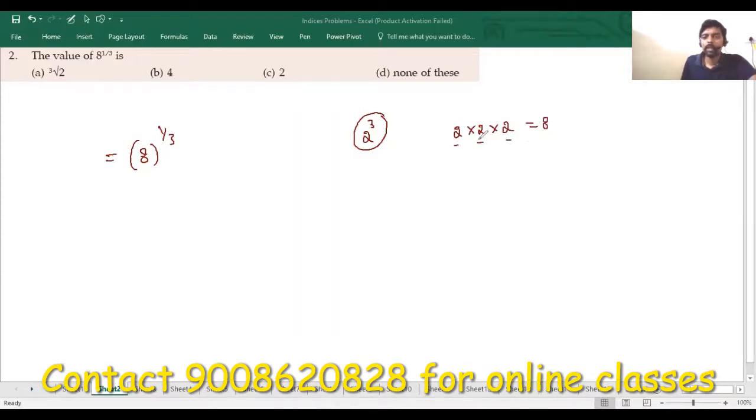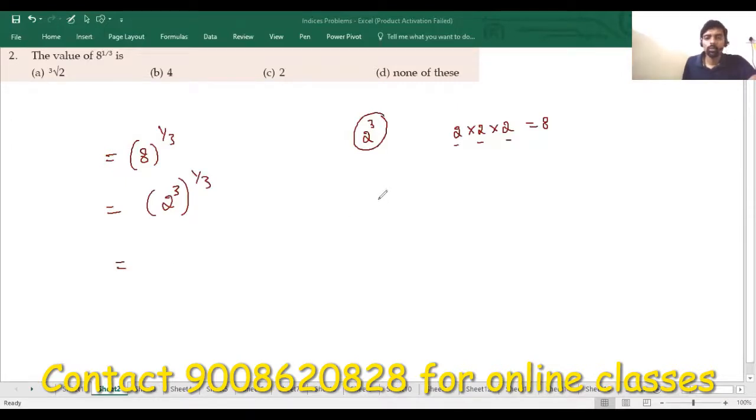So 8 can be written as 2 to the power 3. Got it? So 2 into 2 into 2, 3 times. Yes, Hemant, 4 will stay in the numerator. So now 2 power 3 is equal to 8, correct? So instead of 8, I will write 2 power 3 whole to the power 1 by 3.